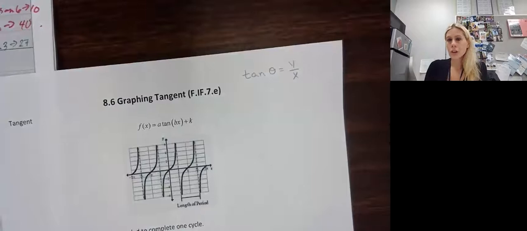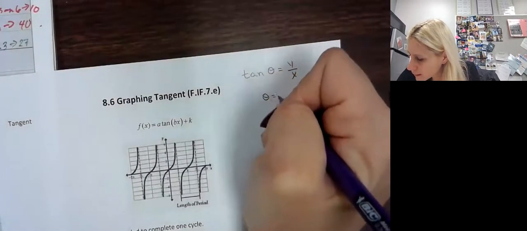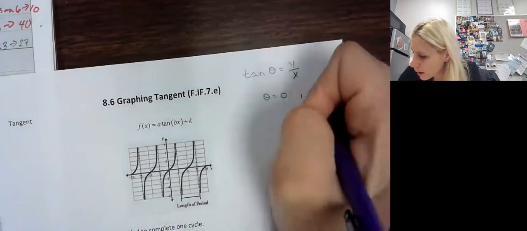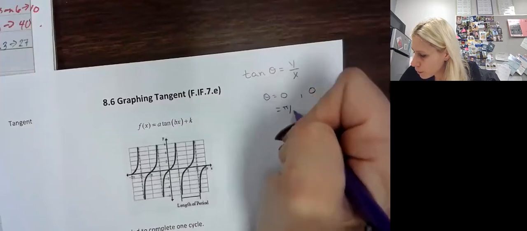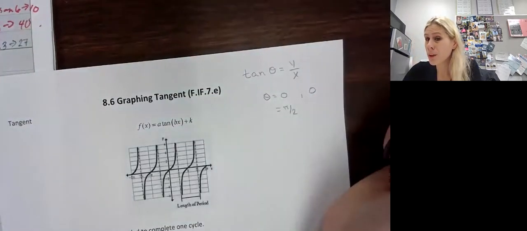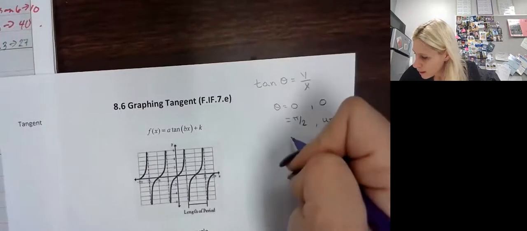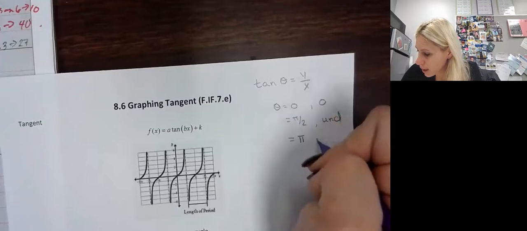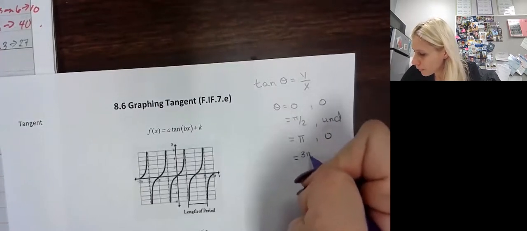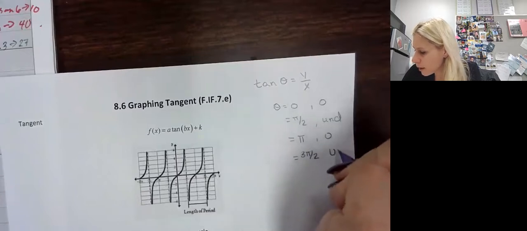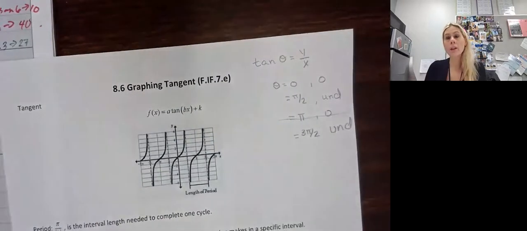You can look at your unit circle and say, hey, at theta equals 0, our tangent is 0. Theta equals pi over 2, well, that would be 1 over 0, which is undefined. Pi is back to 0. And 3 pi over 2 is undefined. So see how it starts repeating itself at pi instead of 2 pi like our cosine and sine?